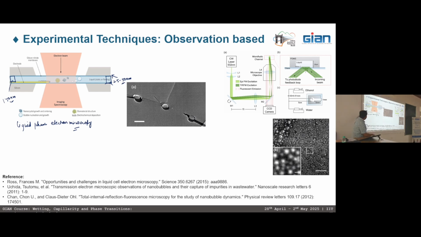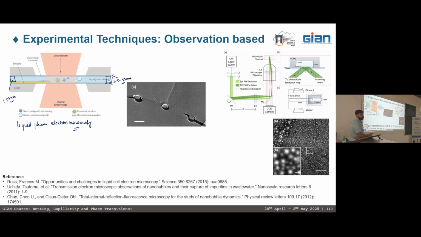Then we fill the space between these 2 films with water, and we irradiate the sample using an electron beam. But the question is, where do the nanobubbles come from, because we are just observing liquid? If we provide sufficiently high electron voltage, radiolysis might occur. In this radiolysis process, a lot of radicals are produced, and water is dissociated into several ions and species.